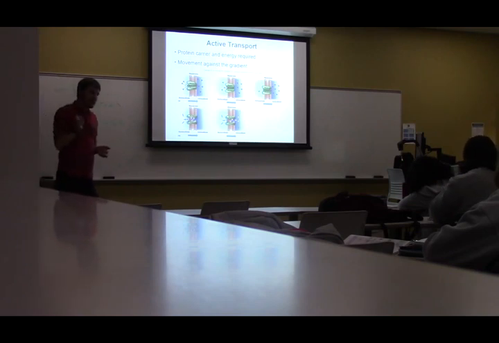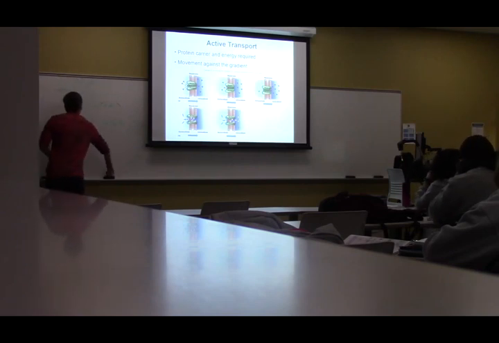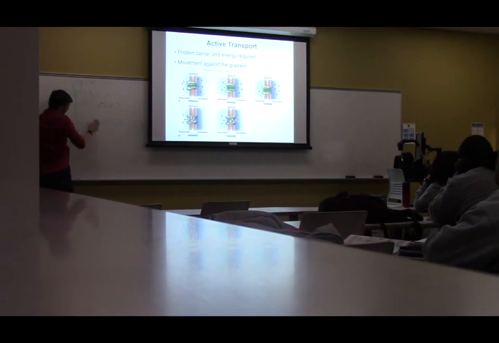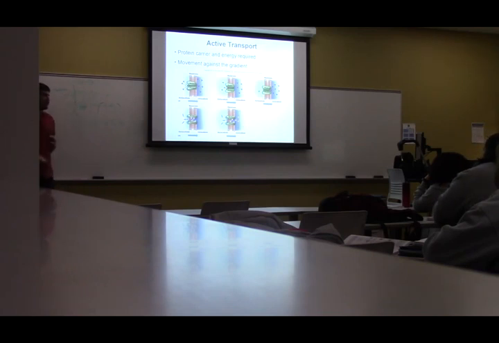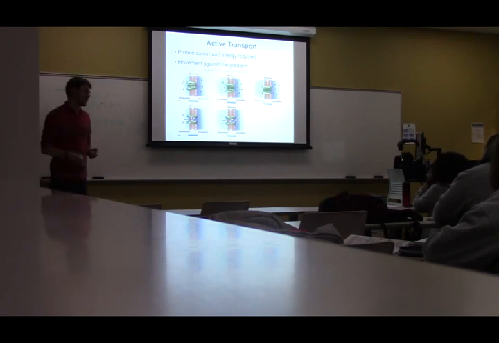That's a no-no. So what does the cell do instead? It says, nope, I'm not going to let that happen. Instead, I'm going to give ATP or energy to my protein carrier, and now it can literally grab onto the glucose and bring it into the cell against the concentration gradient.